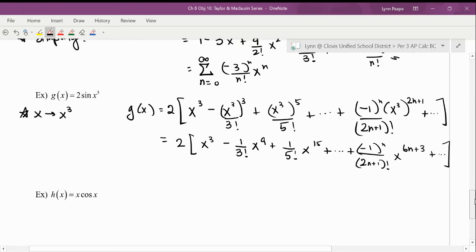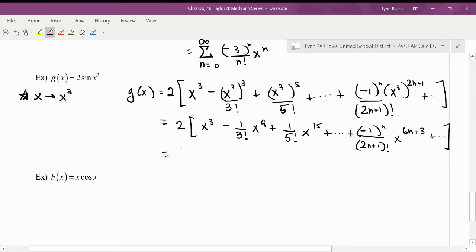So I just distributed my powers. And then finally into the power series sigma form, I'm going to keep that 2 out front and then just substitute in that nth term here. And there you have it.